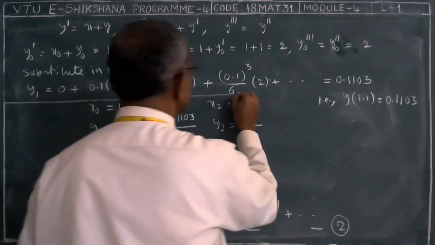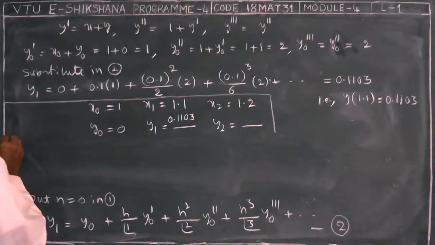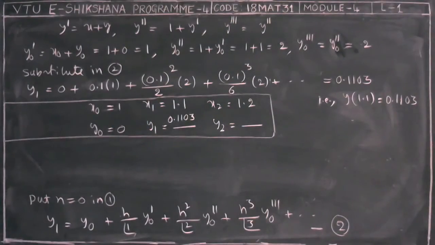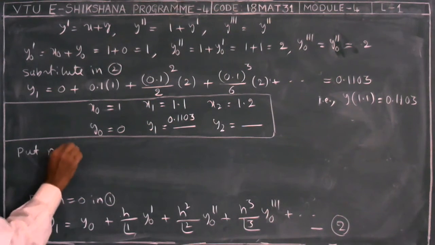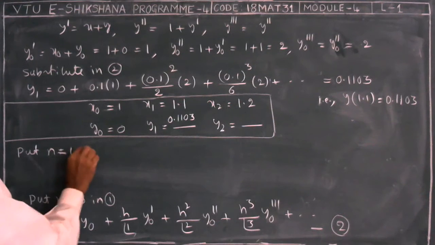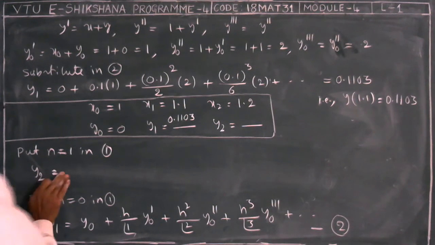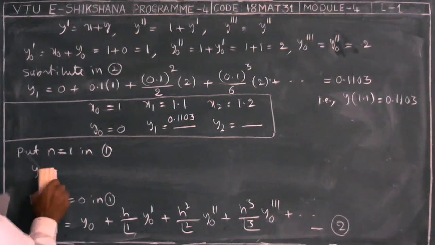I will retype this for my reference. Put n is equal to 1. What do you get? You get y2. If you carefully substitute, it is very easy to write.